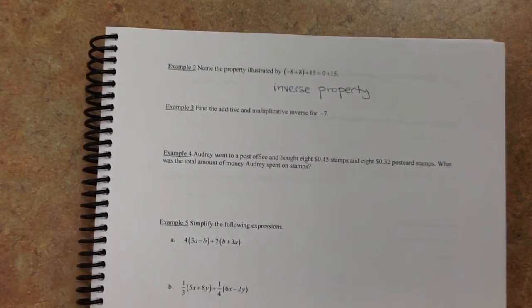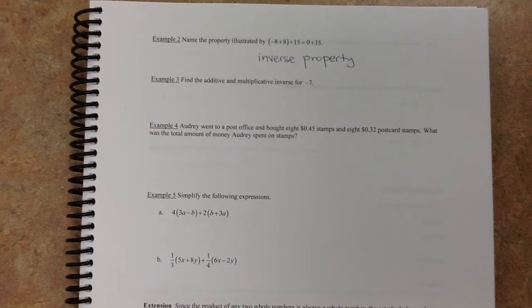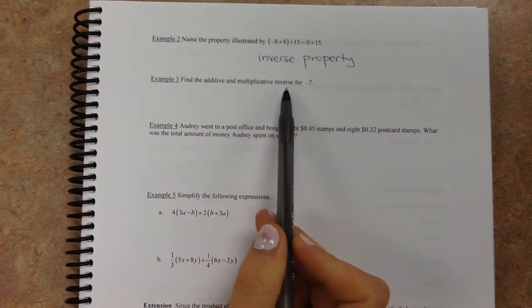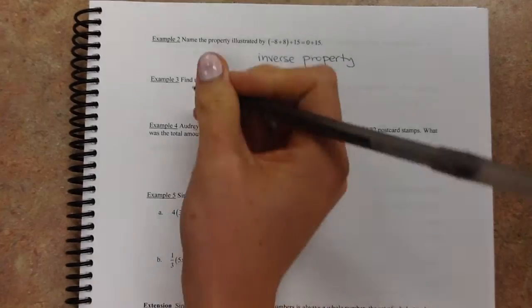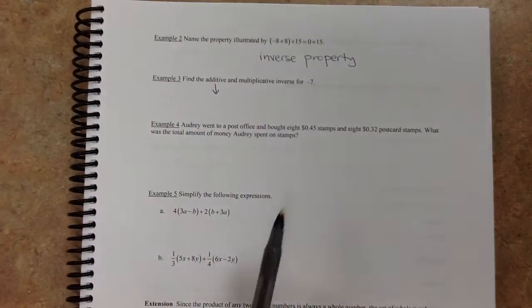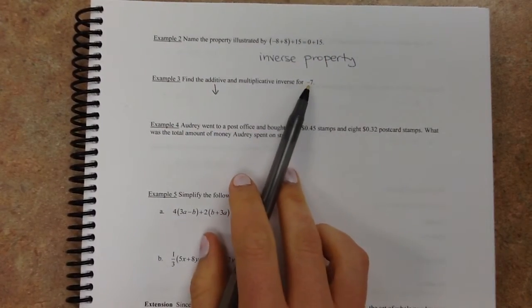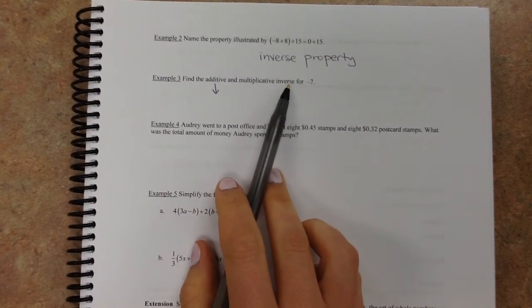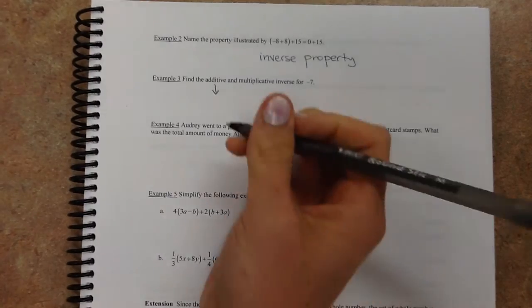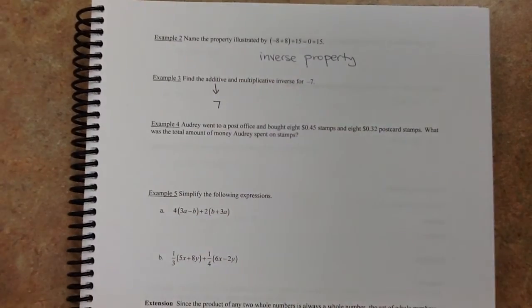Okay, example 3 is also applying these properties. It asks for the additive and the multiplicative inverse for negative 7. So the additive inverse, you're basically trying to figure out, all right, what would I add to negative 7 in order to end up with 0? And so the additive inverse is actually just the opposite sign. So for negative 7, the additive inverse would be positive 7. So think about that.